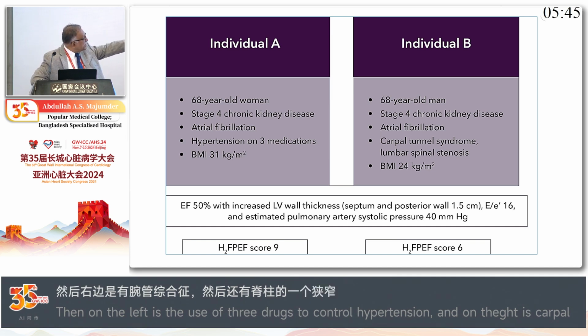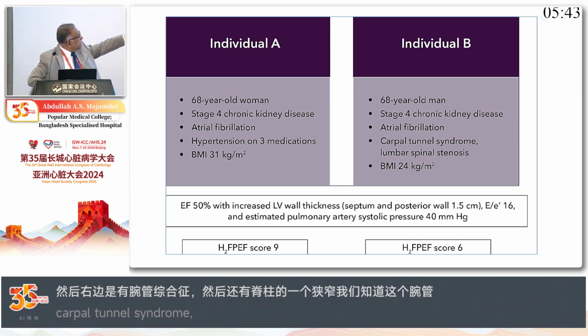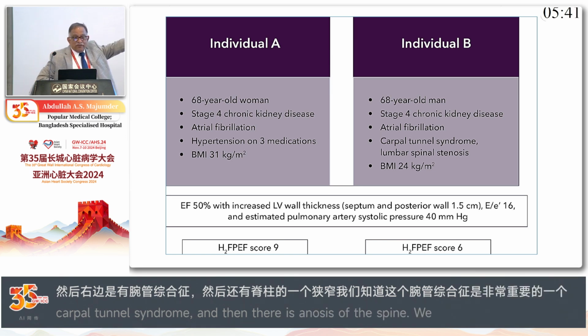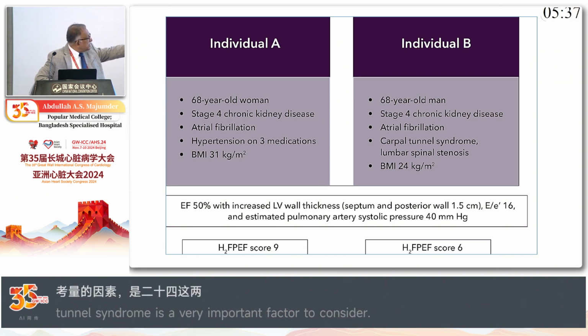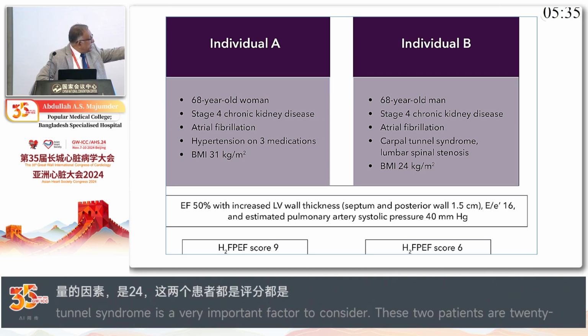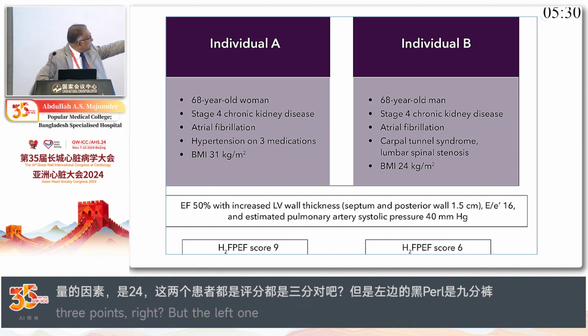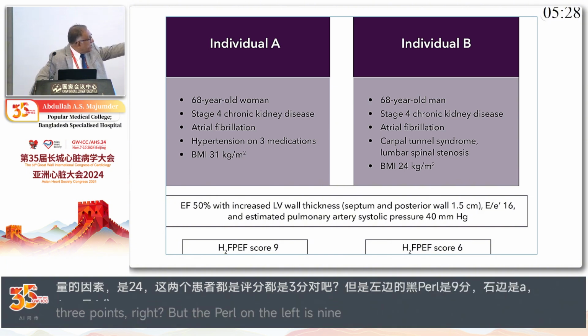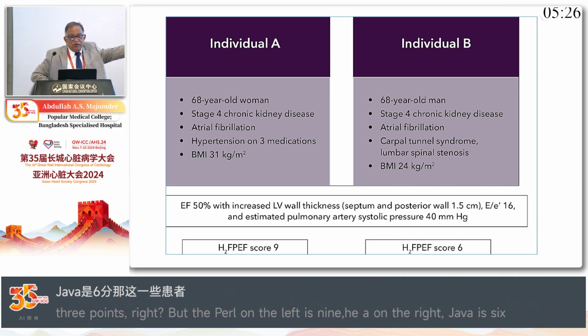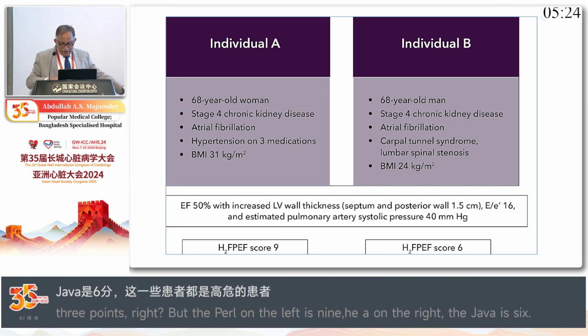BMI is 31 kg per square meter and 24 kg per square meter. The individuals have the same features in the first 3 points, but the HFpEF score is 9 for one and 5 for the other. So this patient is HFpEF, but the other patient does not belong to HFpEF.